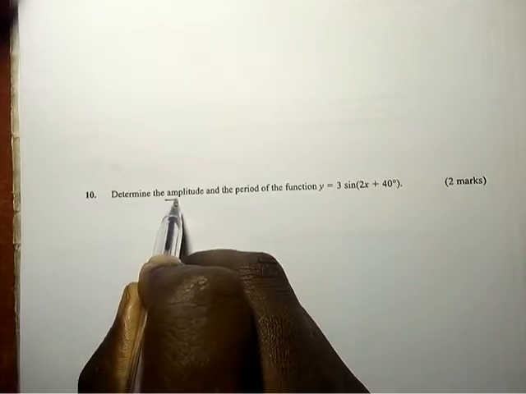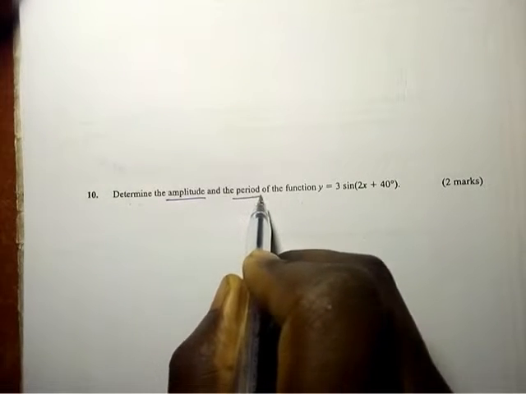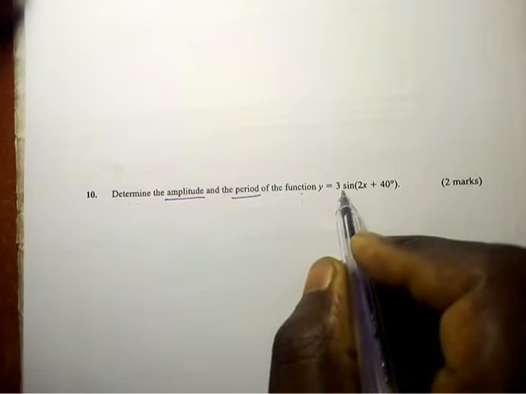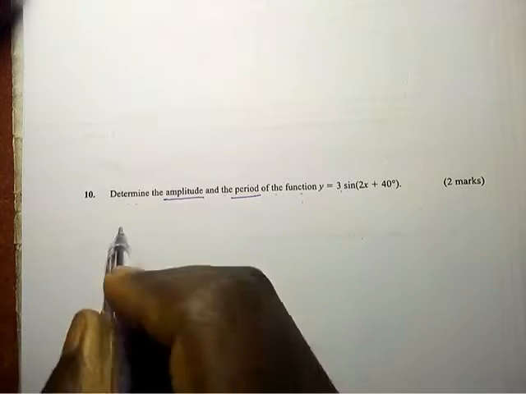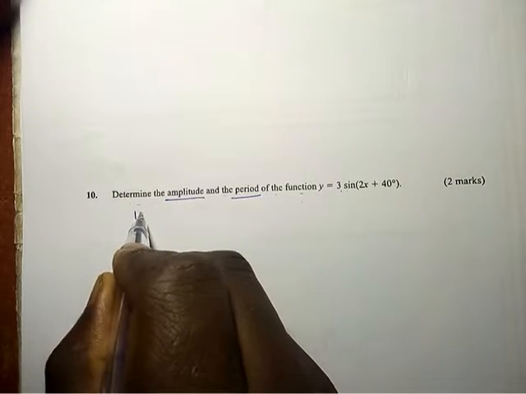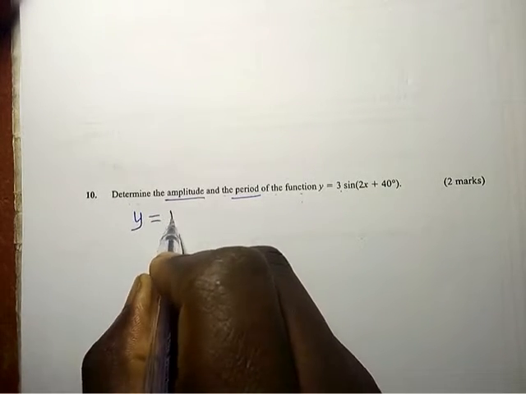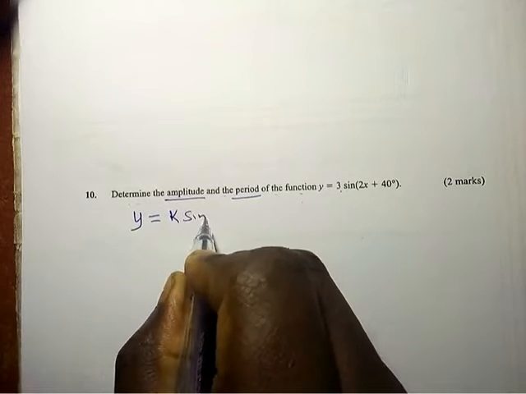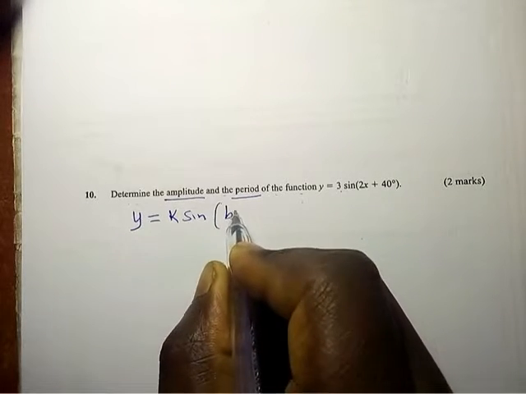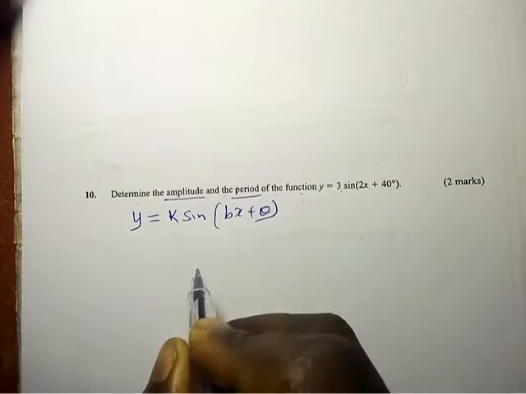Determine the amplitude and the period of the function y equal to 3 sin this. So generally when we have a function of this nature, y is equal to K sin bx plus theta.